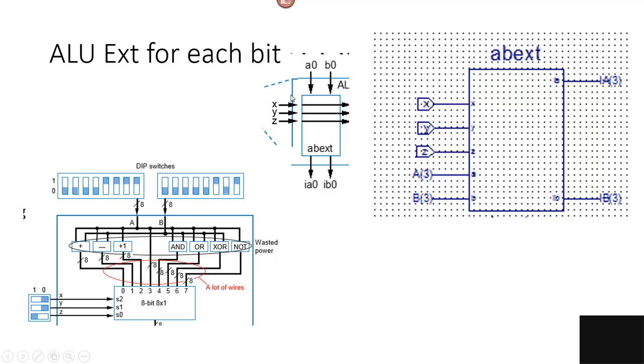As I said before, each extender handles 1 separate bit, and each extender inside has these 8 functions. Addition, subtraction, plus 1, just A directly. We may just want to feed A directly through our adder to give us A plus 0. Here we have A and B, which is a logic operation. Here we have A or B, A exclusively ORed with B, and A not.